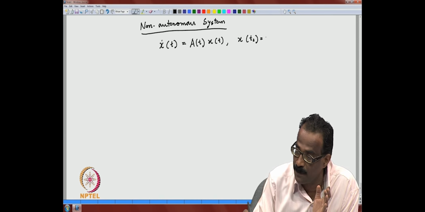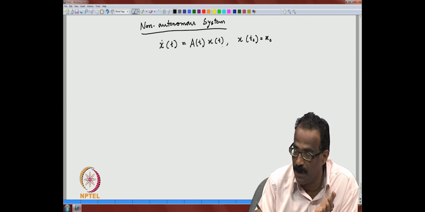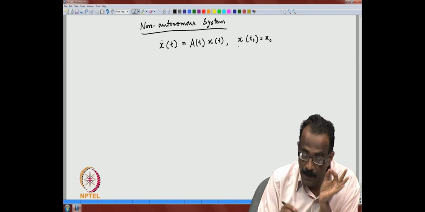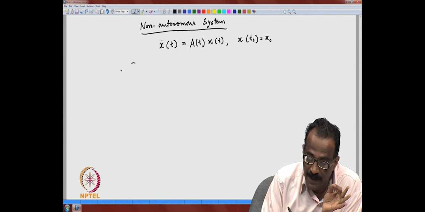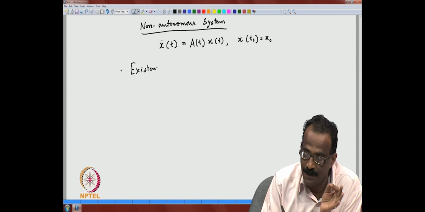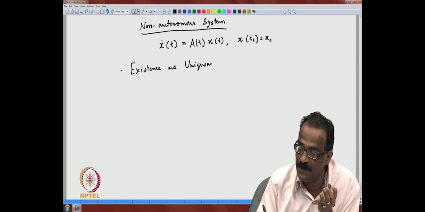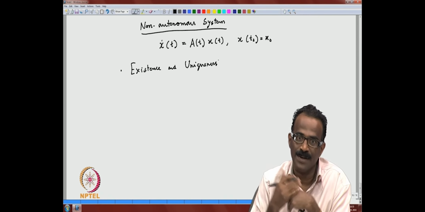With x t naught equal to x naught, or the homogeneous counterpart, there will be a g t there. But the interesting point is that existence and uniqueness are available by the same general theory which you have studied in our earlier module.